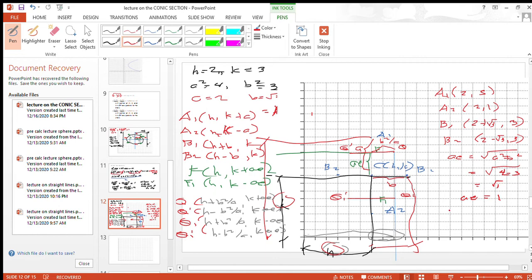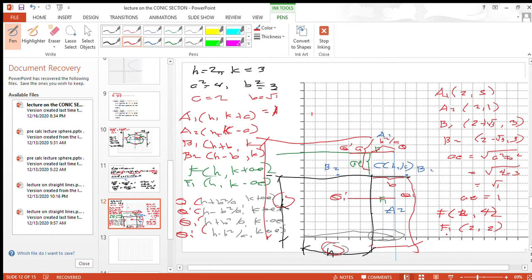So, if AE is 1, F will now be located at H, 2, and then K plus AE. K is 3, AE is 1, 3 plus 1, 4. F1 will be at 2, K minus AE, 3 minus 1, 2.